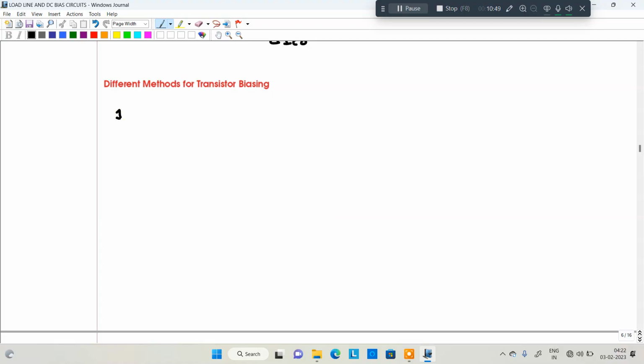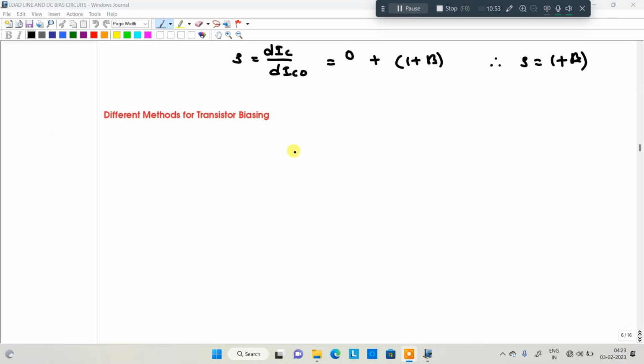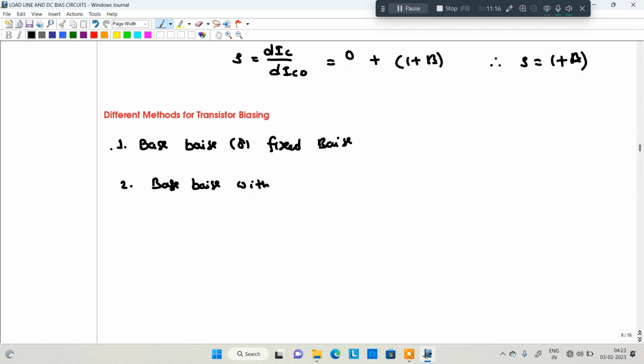The first biasing technique is base bias. Different methods for transistor biasing: the first method is base bias, otherwise called fixed bias. Second, base bias with emitter feedback.